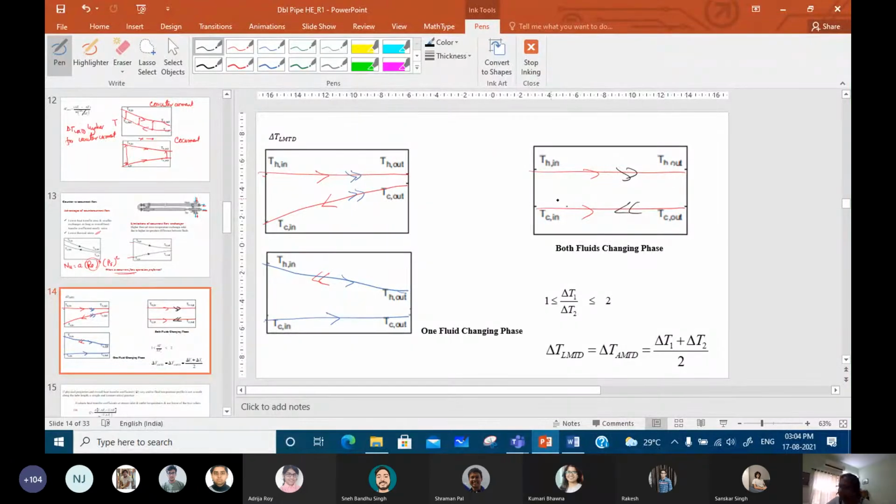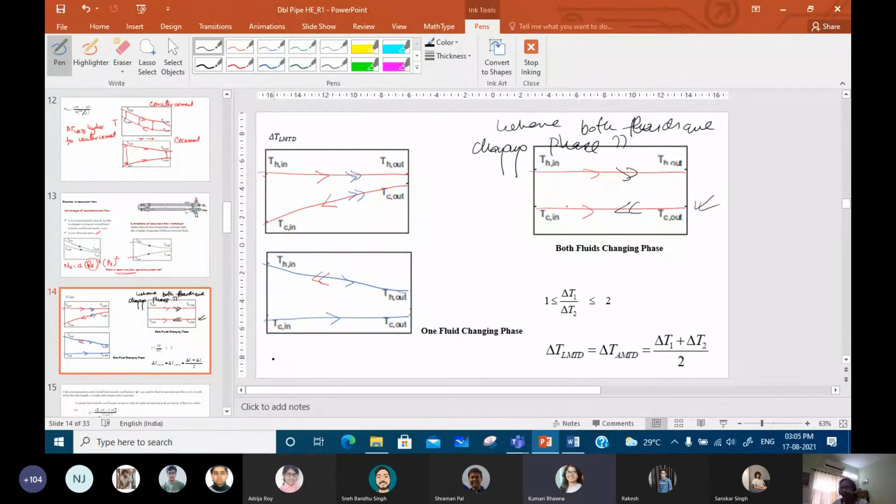Now tell me one thing: for this particular case that I have drawn, where both fluids are changing phase, can you define the LMTD? No. Then in that case, you don't design the heat exchanger.